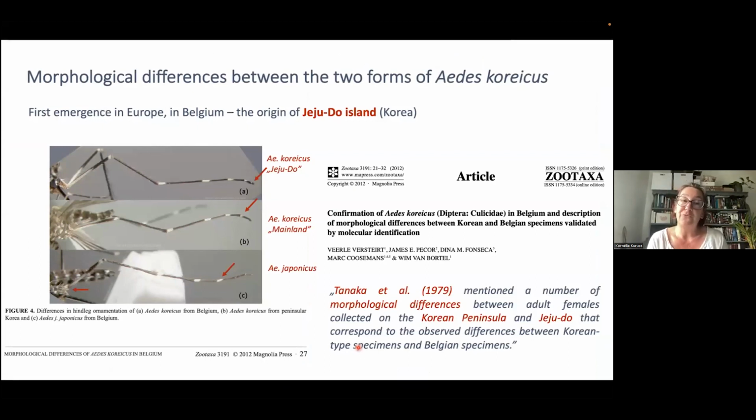The first emergence of the species in Belgium was with the origin of this island, and the Belgian colleagues who investigated Kornélia already mentioned in their paper in 2012 that a Korean entomologist, Tanaka, mentioned a number of morphological differences between specimens collected on the mainland, on the Korean peninsula, or on this island.